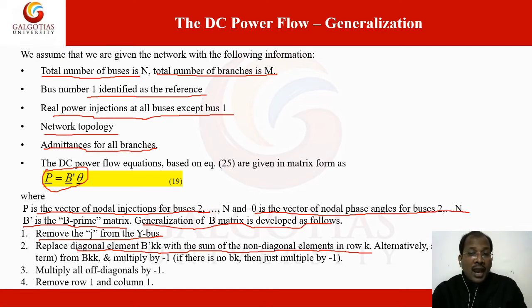We have to add these 4 elements into that particular diagonal element. Otherwise we simply multiply the off-diagonal elements by -1 and the diagonal elements by -1, and remove row 1 and column 1 in the admittance matrix because we have already taken it as the reference. Then we get B prime.